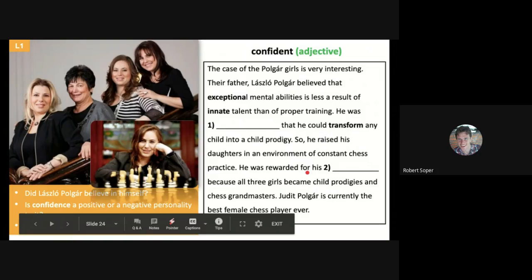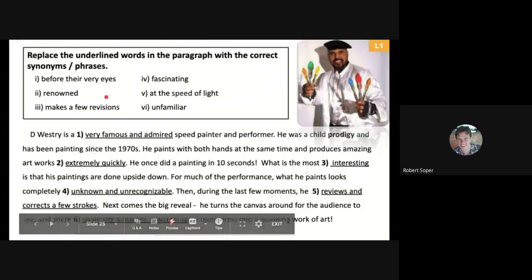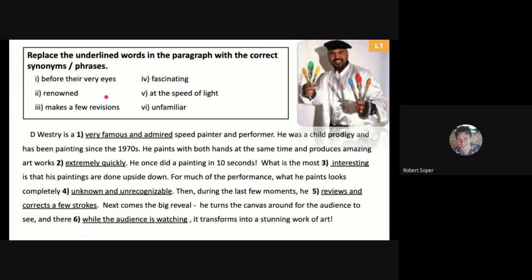Okay, right, let's try another word. Oh, actually, let's do something different entirely. Okay, so here, what we're going to be doing is replacing the underlined words in the paragraph with the correct synonyms or phrases. So first of all, we're going to be looking at the synonyms and phrases in the box.